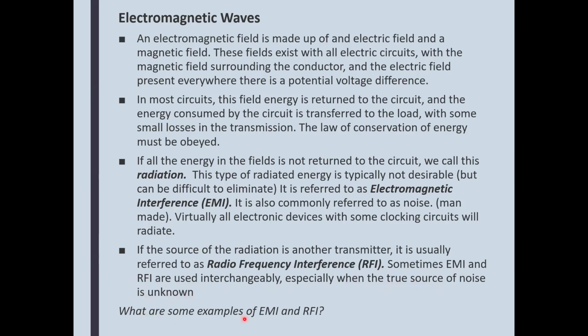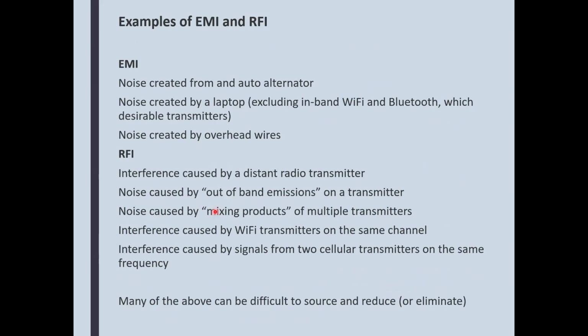What are some examples of EMI or RFI? It just so happens that I have that in the next slide. All right. Examples of EMI and RFI. EMI: noise created from, let's say, an alternator in the car. Noise created by a laptop.